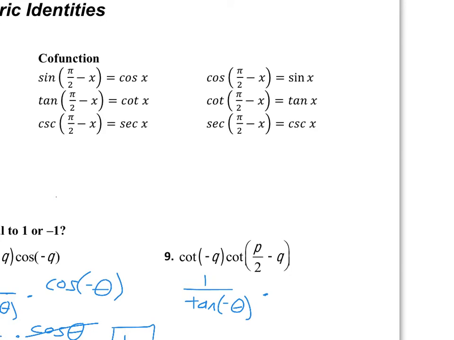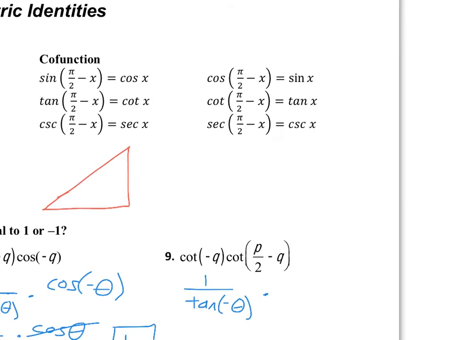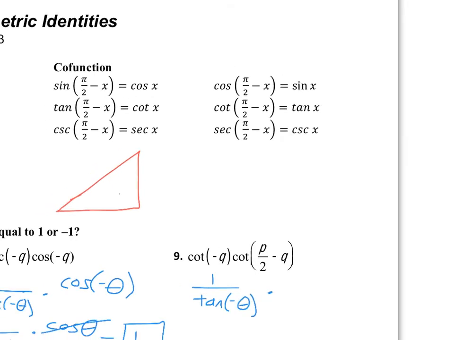Alright, so I'm going to draw a triangle. And the 90-degree angle, I'm going to call pi over 2, which is radians. So instead of 90 degrees, I'm writing pi over 2. Let's call this top angle x, which makes the last angle pi over 2 minus x.